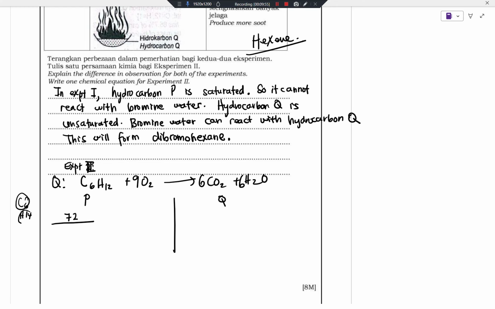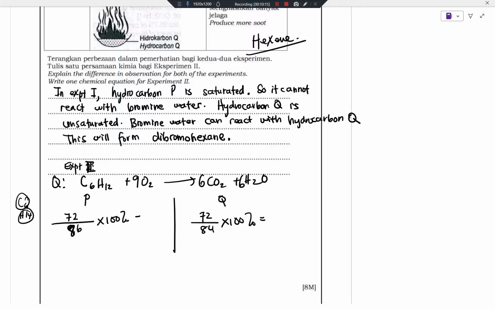So 72 plus 14, 86, times 100%. This one is 72 over 72 plus C6 is 12. 72 plus 12 is 84 times 100%.